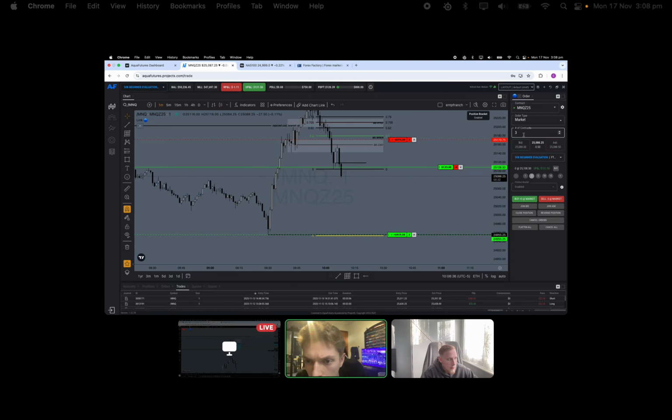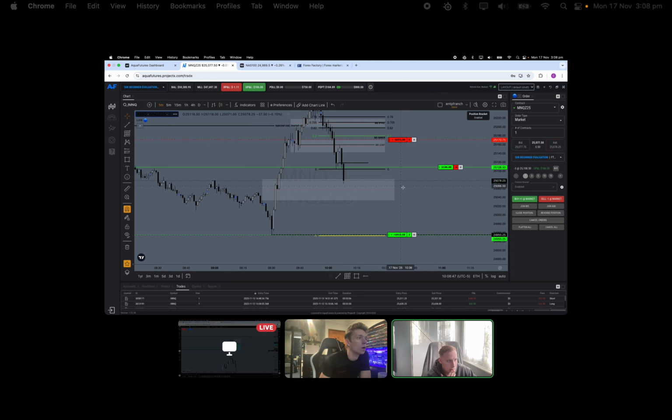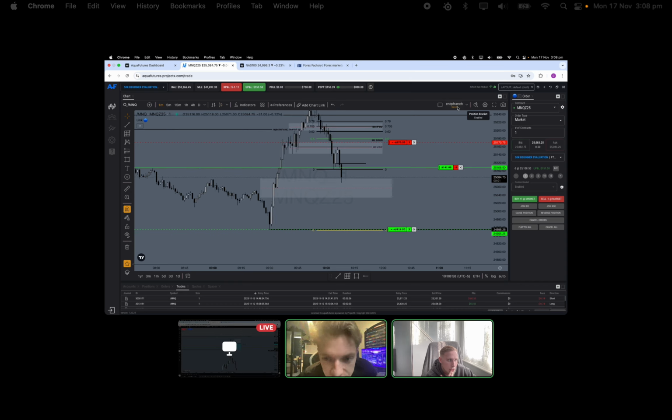How are you doing such low, like, sizes? What do you mean? I don't get it. Well, look at this. I'm on like a stupid amount of lot size. I'm risking so much here because I don't know how to get it any lower. What, on a funded account?